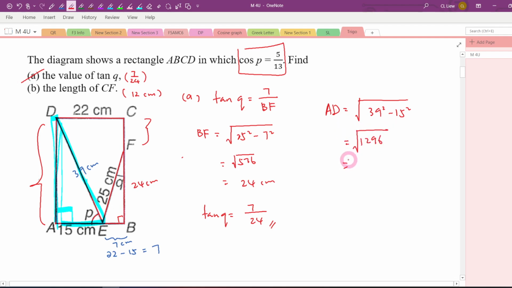Square root of it is equal to 36. So here is 36 centimeter. So now I have no problem to get CF. This is 36, here will be 36 as well. So CF is equal to 36 minus 24, which is equal to 12 centimeter. Okay, this is the way how we solve this type of question.